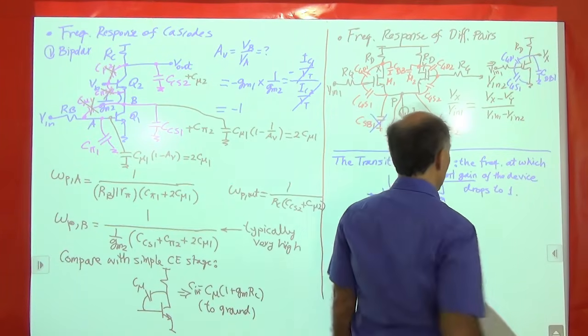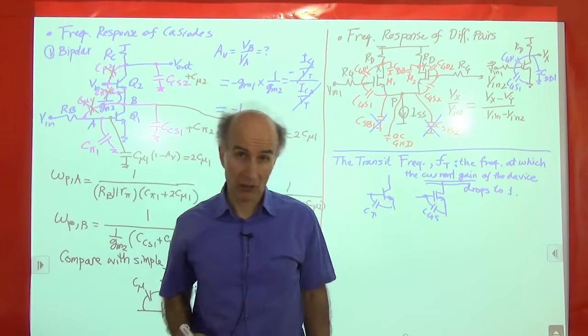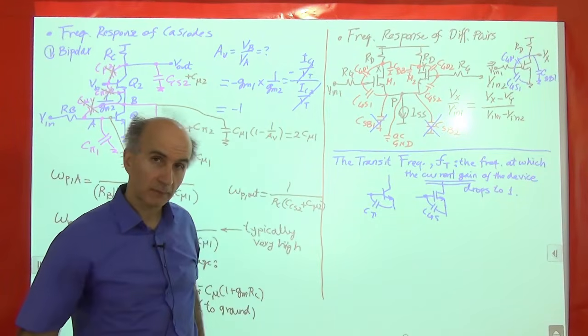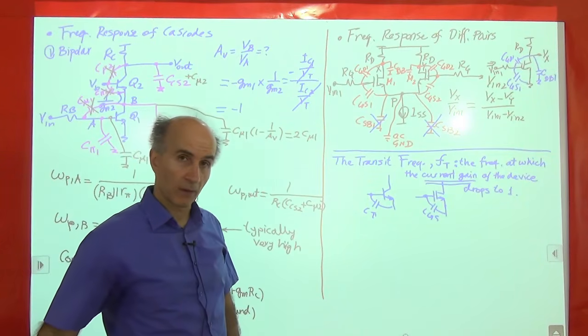It's strange that this is called the current gain, right? We're looking at the current gain of the device. So take a moment and write this down, and then we'll see what this all means.